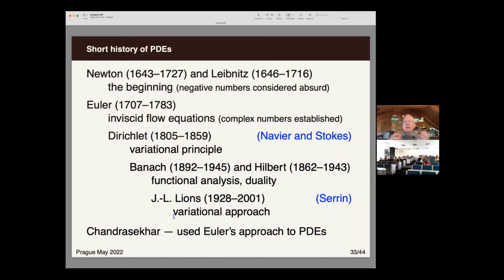Whereas Chandrasekhar, who's still contemporary with this group, used Euler's approach to PDEs. So I think that helps to understand why this linear instability theory persists even today.